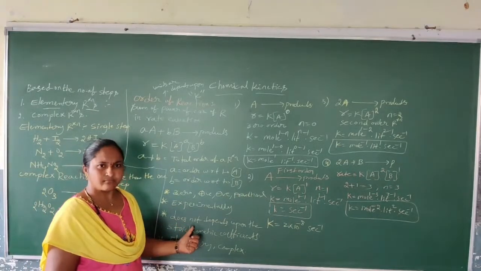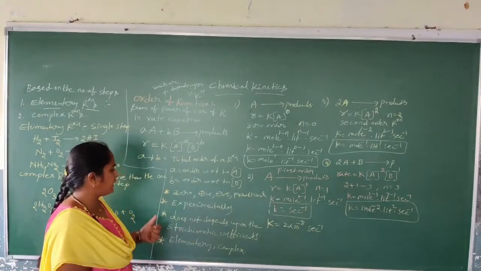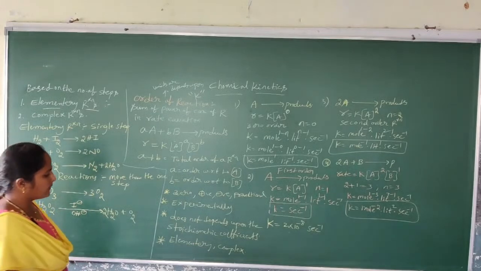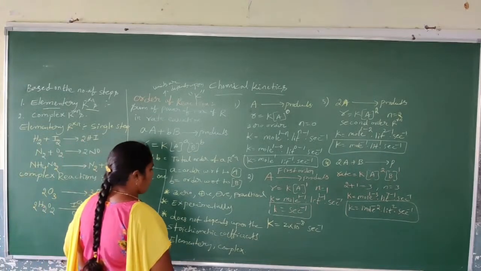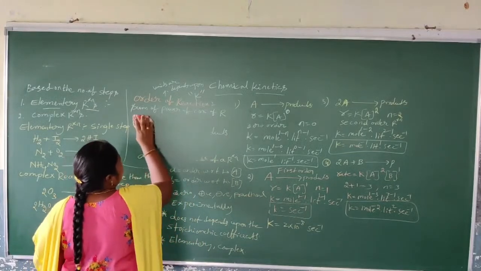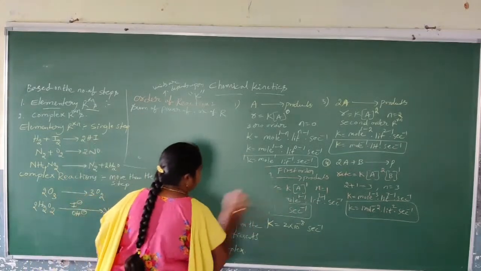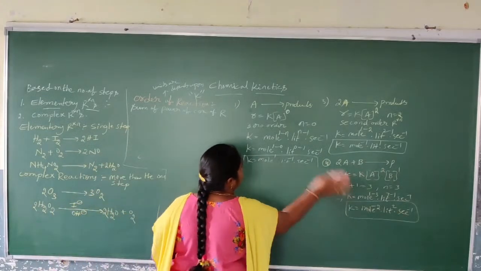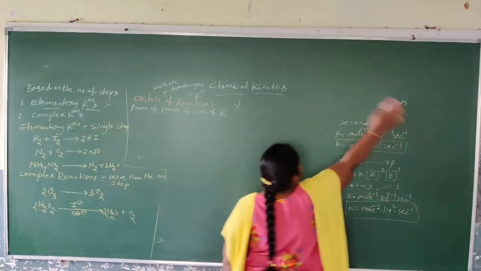The next one: the rate of reaction does not depend upon the stoichiometric coefficients in the equation, and this is applicable for both elementary reactions and complex reactions. Then I give an example of how we can see the order of reactions.